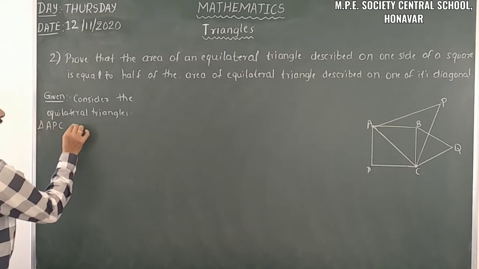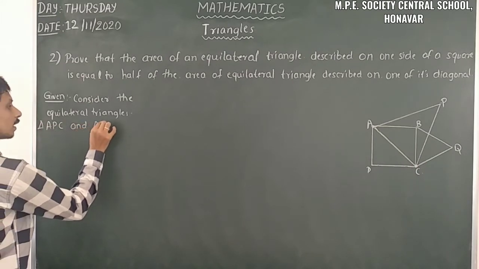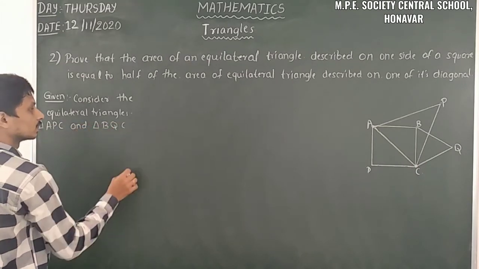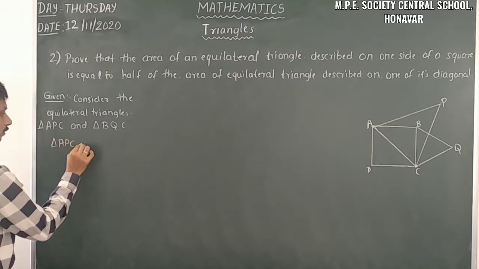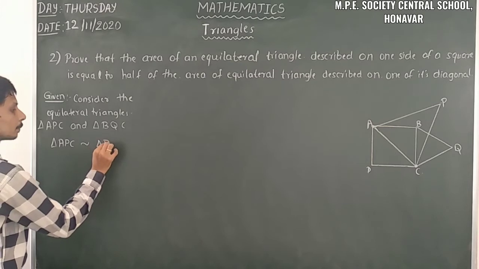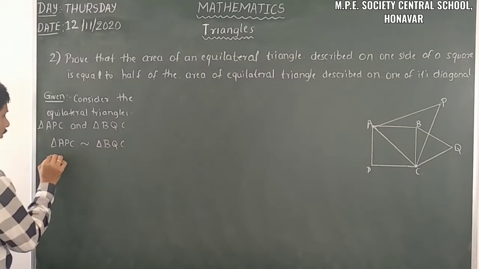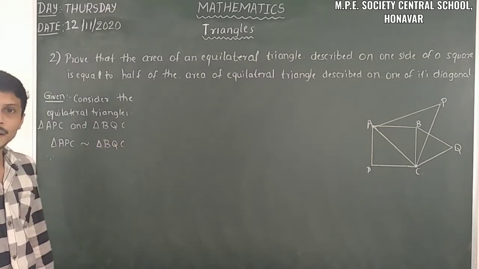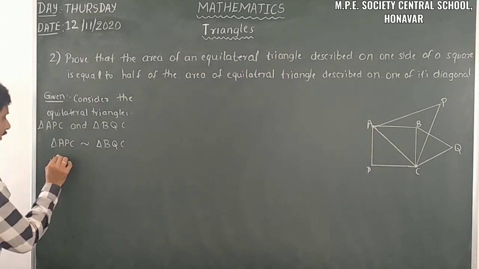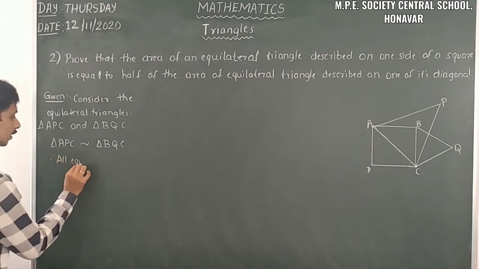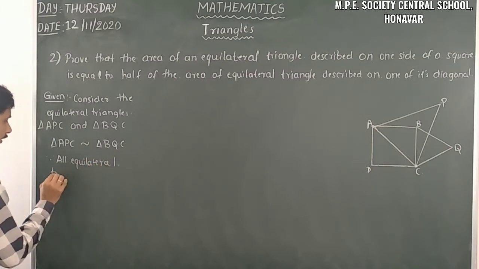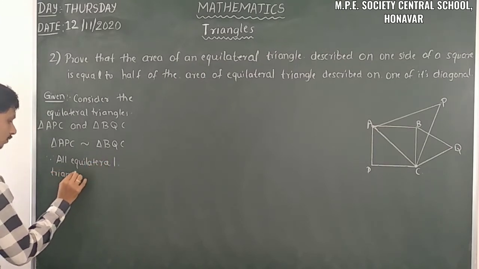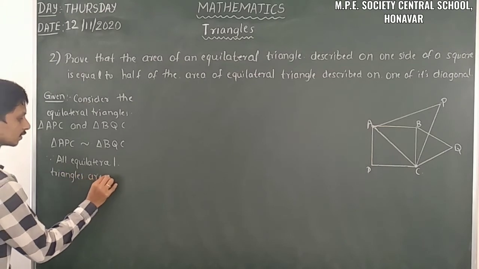Triangle APC is similar to triangle BQC because all equilateral triangles are similar.